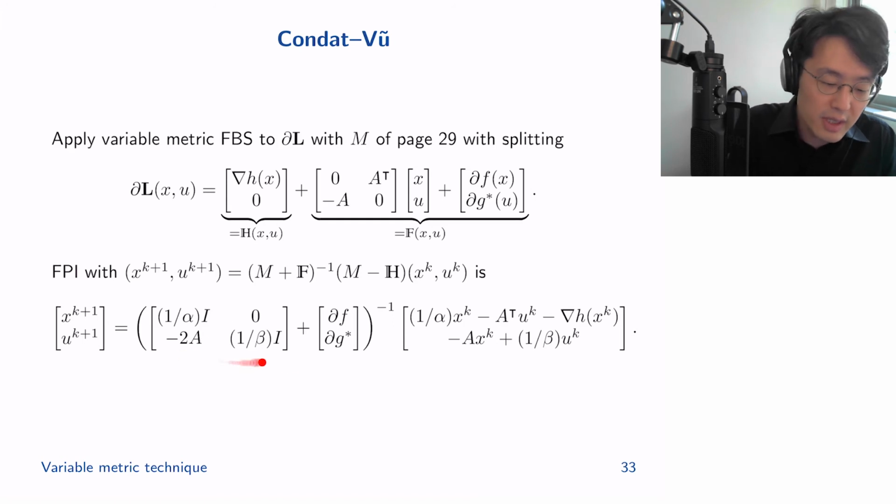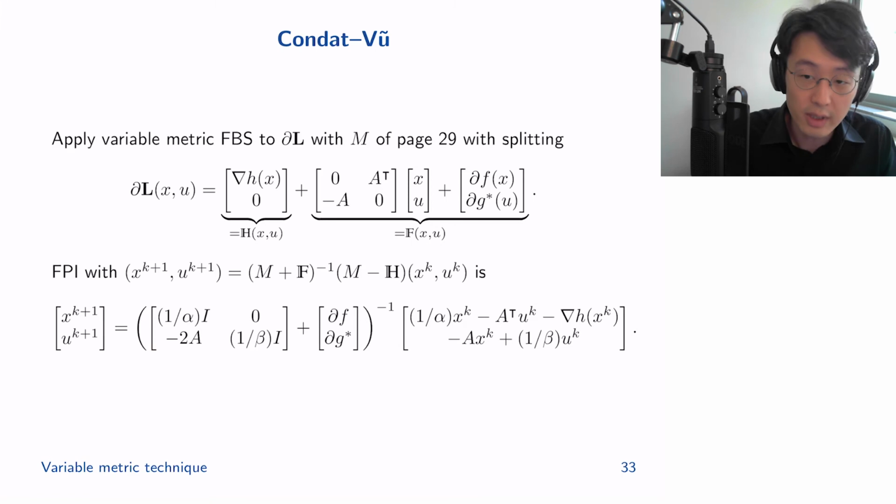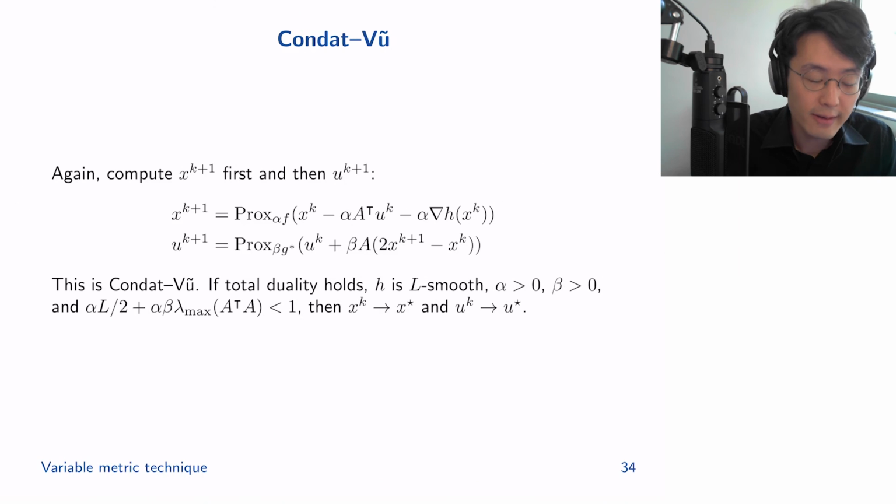Now, to evaluate this inverse operation, we can use exactly the same line of reasoning that we used in the derivation of PDHG. And that line of reasoning leads us to this two-line description of the algorithm. Again, because we have a lower triangular structure in the inverse, we are able to first compute xk plus 1 and then use that result to compute uk plus 1.